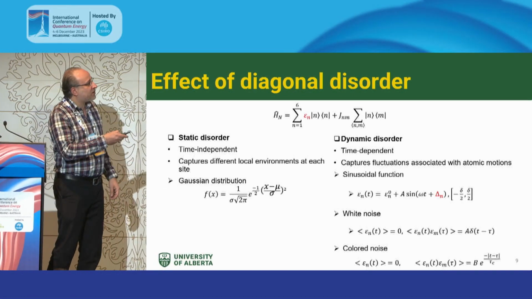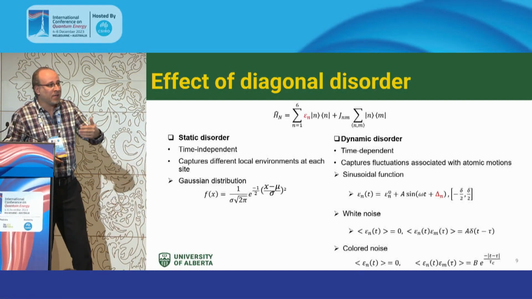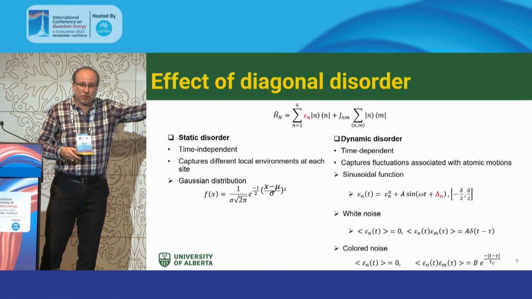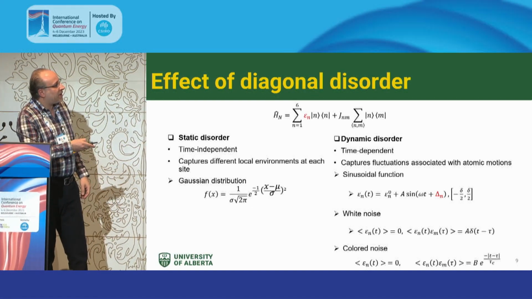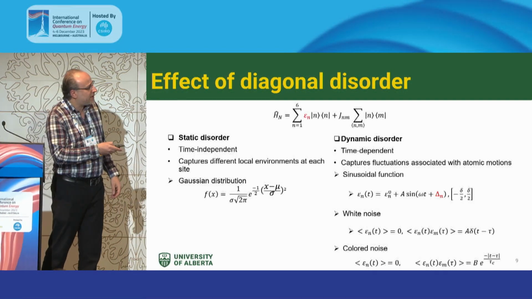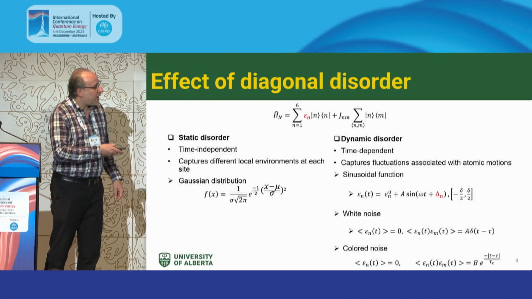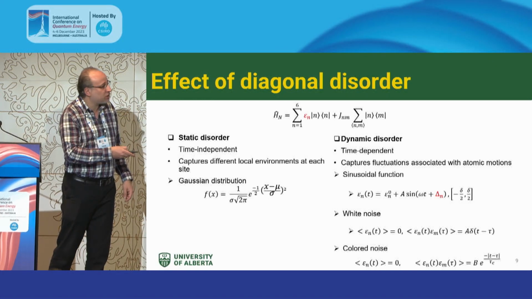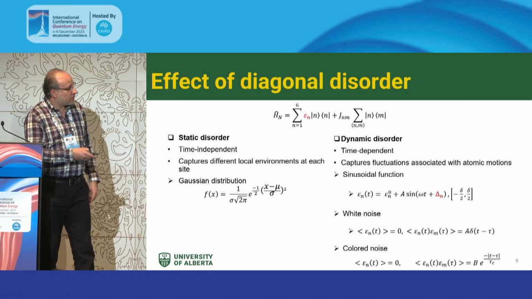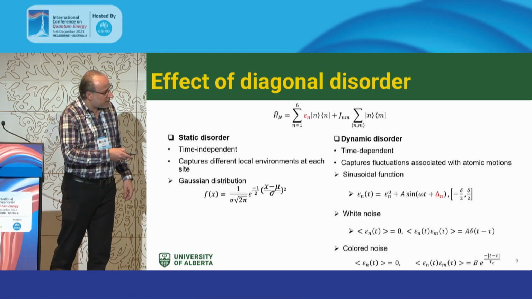The second type of disorder that we consider is dynamic disorder. This is a time-dependent disorder, so at each time step of the trajectory, we add disorder. We consider three types: a sinusoidal function, where we randomly sample the phase shift from this interval; white noise, whose correlation function is a delta function; and colored noise, some correlated noise where the correlation time is tau c.